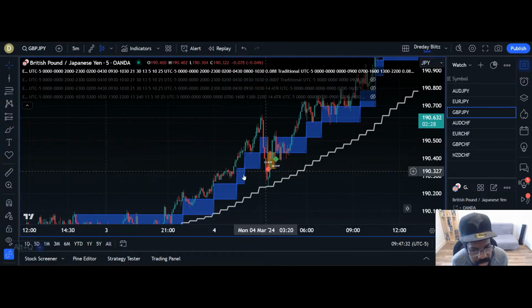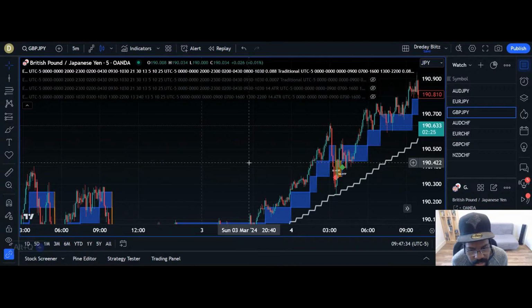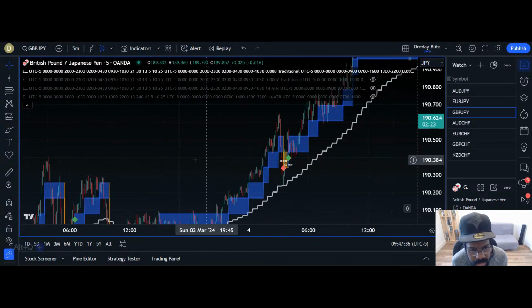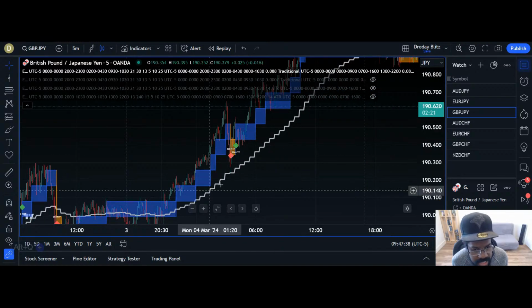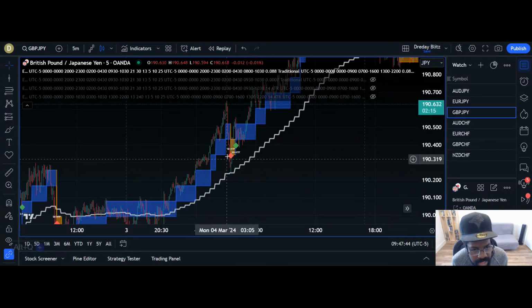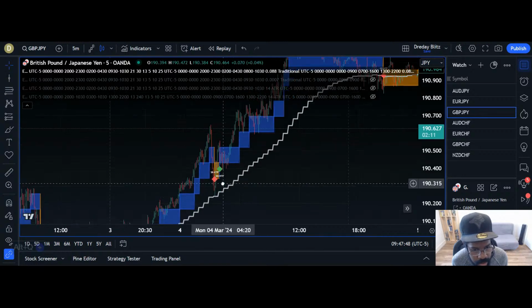But as you can see, the trend is bullish. Since I didn't activate the EMA filter, it took that sell, but it shouldn't have taken that sell at all. It should only be taking the buy.